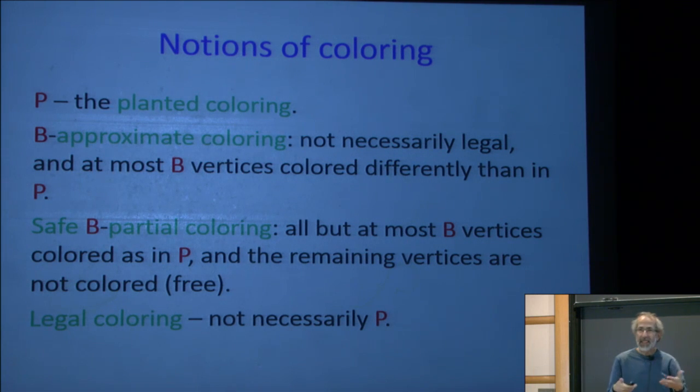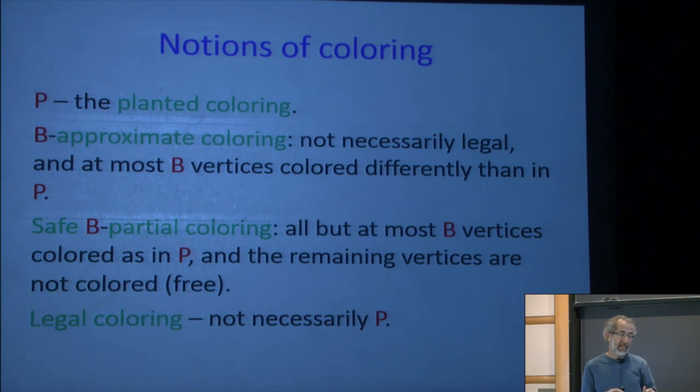To understand the algorithm, it's good to have some notions of different kinds of coloring. P is the planted coloring. We'll have a notion of a B-approximate coloring. This is a coloring which is not necessarily legal, and it has small Hamming distance from the planted coloring: it agrees with the planted coloring on all vertices except for B vertices, and think of B as something sublinear.